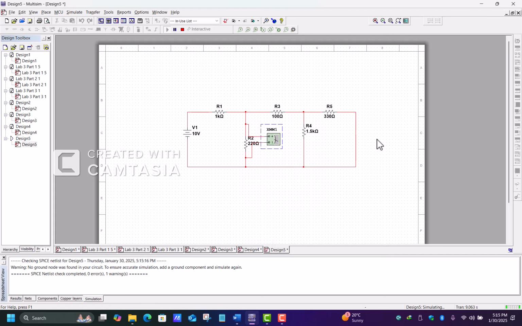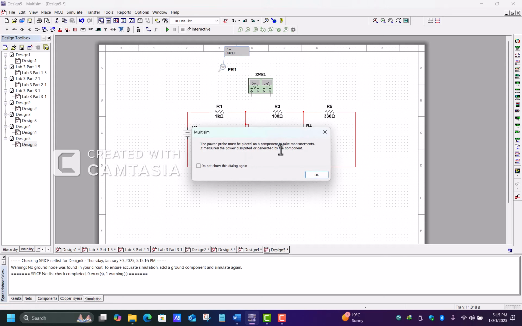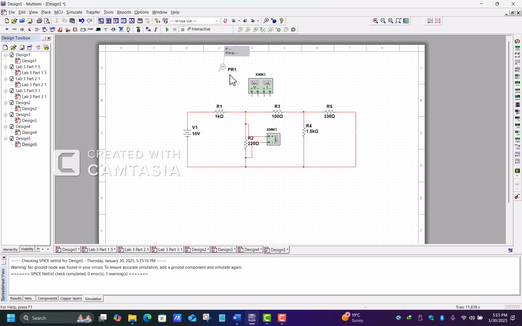In order to measure the power, we'll stop this simulation and take a wattmeter here. This is my wattmeter. You can also take this option, the load power, which is another option to measure the power.